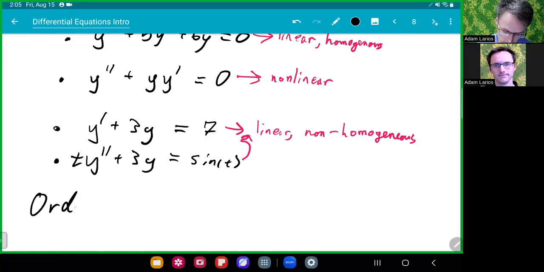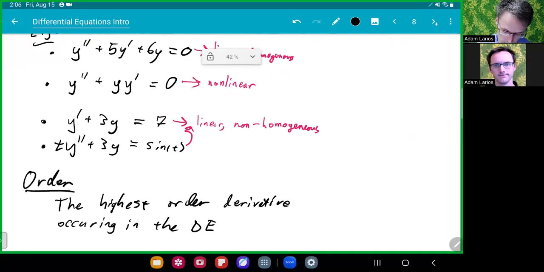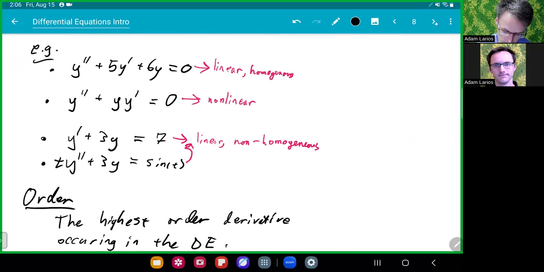Okay, next let's talk about the order of a differential equation. And this is just the highest order derivative occurring in the DE. So let's take a look at this. We can go back to these. Here we've got the highest order derivative is a second order derivative.